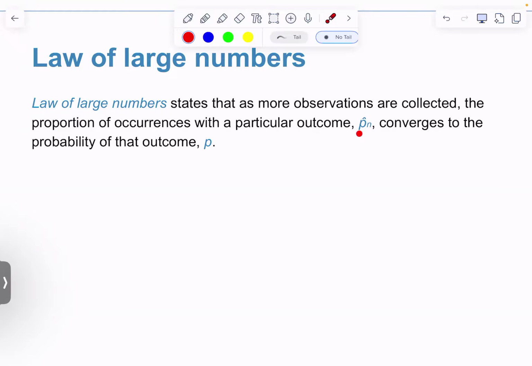Now we're introducing this p hat, which is really just a sample proportion. It's got a subscript n, which you can ignore for now. P hat is a sample proportion. We don't need that until next chapter, I think. But it's nice to see it, and n will be the number of times we've done this thing.